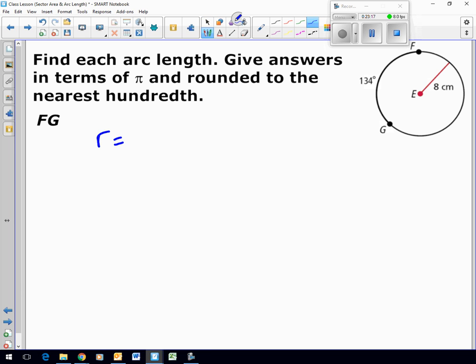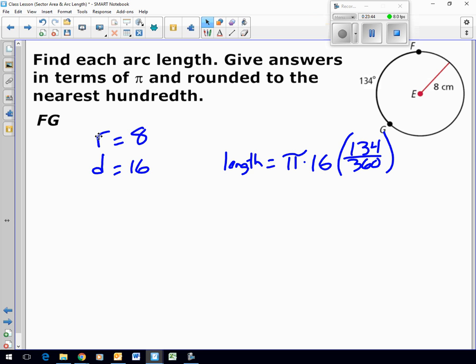If the radius is 8, that means that the diameter is 16. So if I put this into my arc length formula, you're going to get this. Length equals pi times 16 times, then you times it by 134 over 360. Perfect. 134 over 360. And then you'll get 18.7. That's all you got to do.